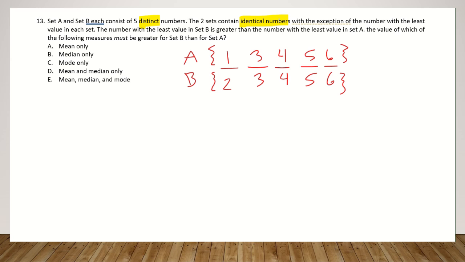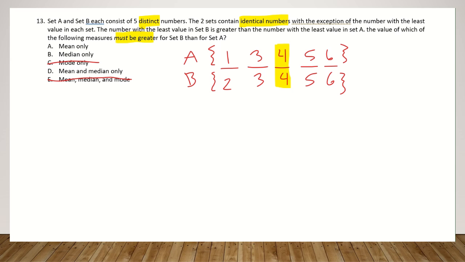Now let's look. They're asking about mean, median, and mode. So again, median, the term in the middle. So these both have the same median, right? So their median is not going to be greater. We're looking for what must be greater. The median is the same. So any question that includes median, we can cross out.